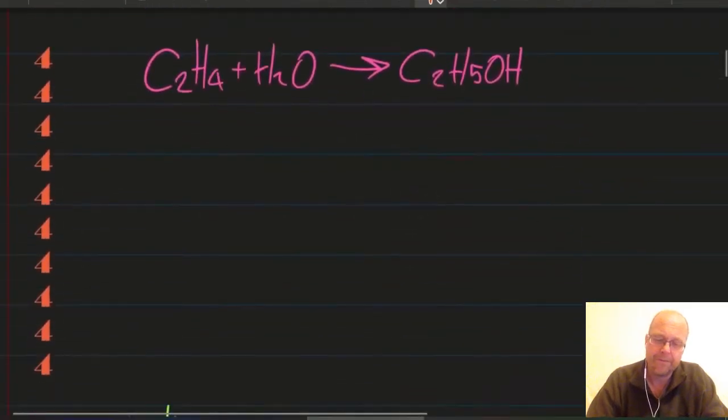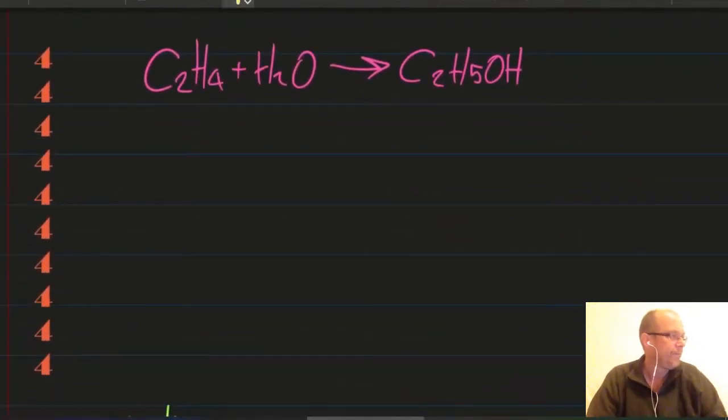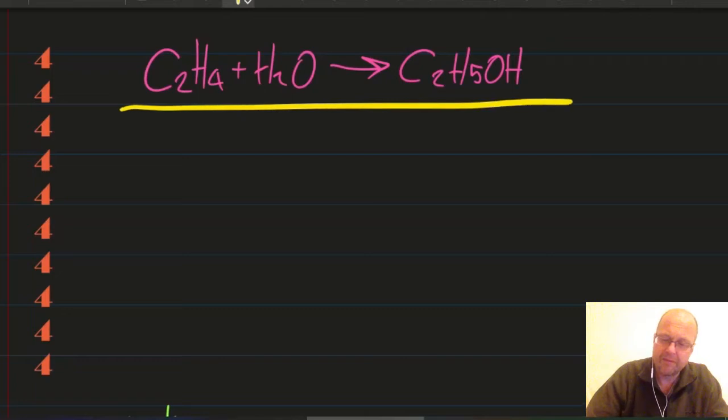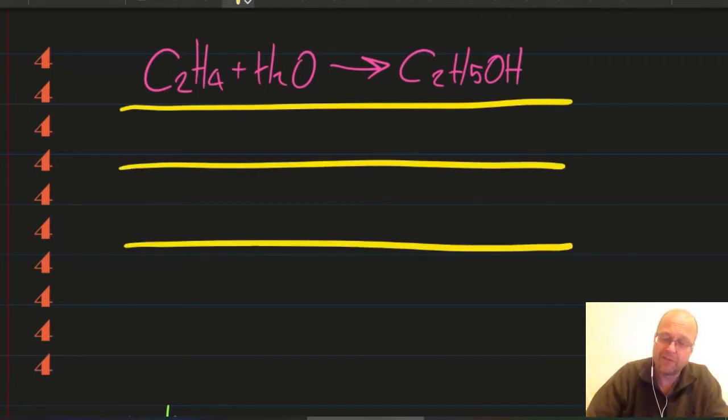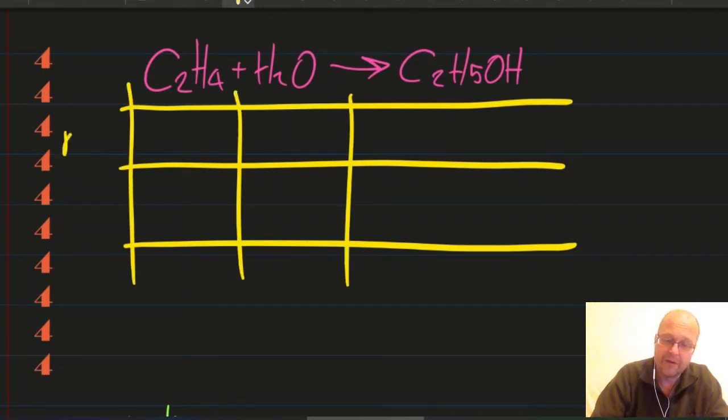4. I like to use the boxes method. Even if you don't know what you're doing, you can still follow the boxes method rules, get the answer. Hopefully you do know what you're doing. So that's moles, mass, and molar mass.